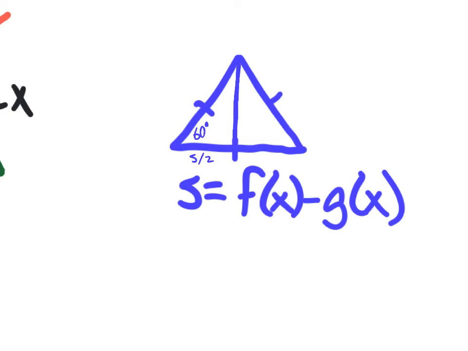Yeah, we could use the Pythagorean theorem. This is a 30, 60, 90 triangle though, so we could get it even faster. You remember your x, x radical 3, and 2x pattern? So it's s over 2 radical 3. That's right, s over 2 times radical 3.